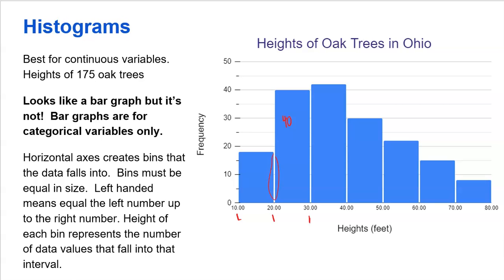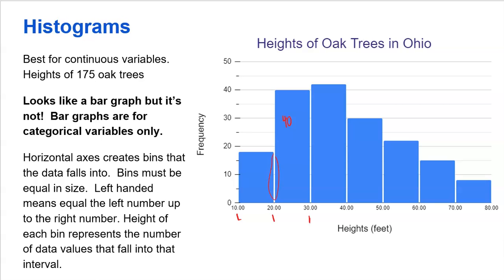I went with 10s. You could go by 15s or go by 20 and have fewer bins. Or you could separate it even more and go by 5s or even 2s, 10 to 12, 12 to 14, 14 to 16, and have more bins. It all depends how you want it to look. Oftentimes you don't want too few bins, but you also don't want too many. You're trying to find a nice balance. And for this data, 10 makes it look really nice.